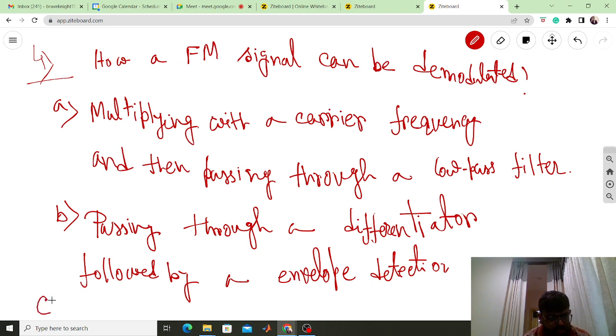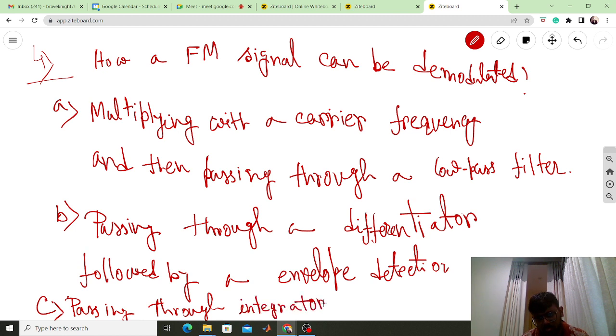Option C is passing through an integrator, then using the envelope detection. So which of the following is true?